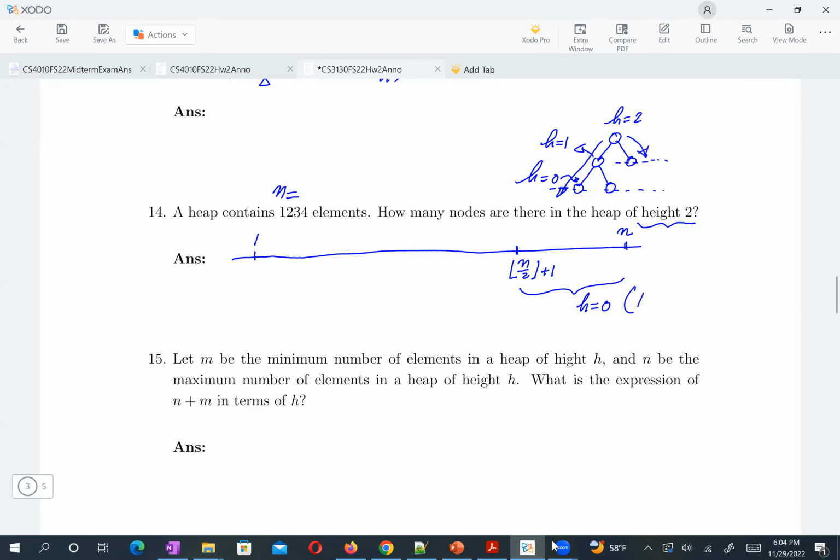So that is the leaves, which is our definition of leaves.